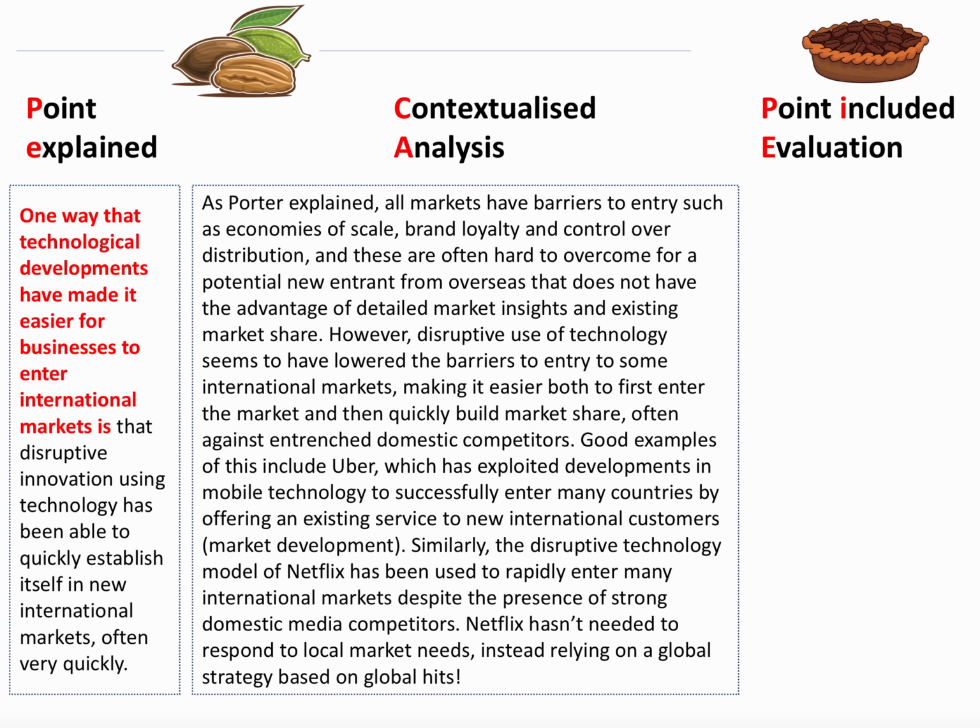Similarly, the disruptive technology model of Netflix has been used to rapidly enter many international markets despite the presence of domestic media competitors and strong ones. And then a hat tip to Bartlett and Ghoshal right at the end. Netflix hasn't needed to respond to local market needs, instead relying on a global strategy based on global hits like Breaking Bad and others.